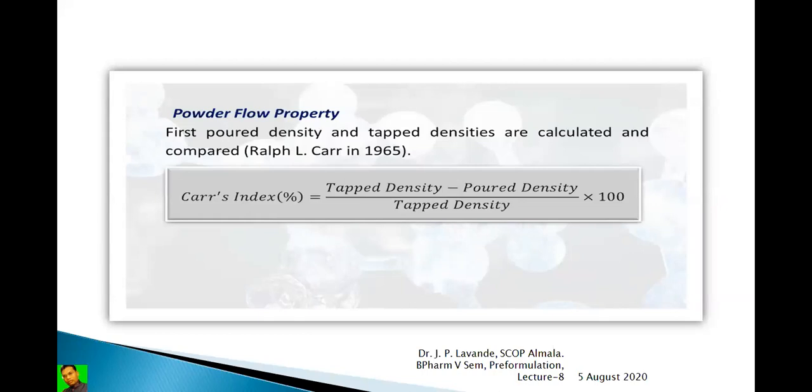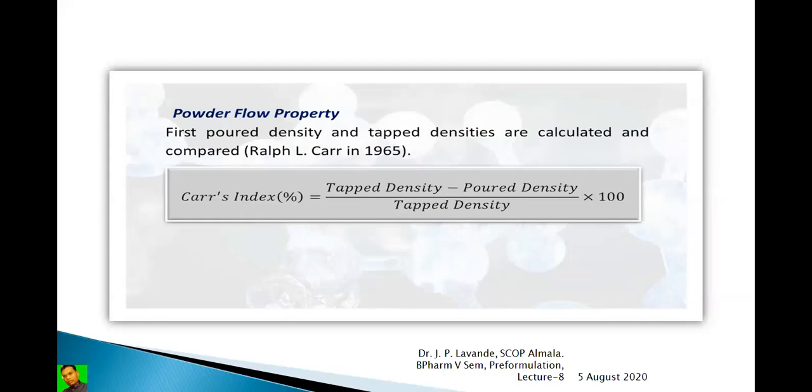It was given by Ralph L. Carr in 1965, and that's why since then it is known as Carr's index. How is it expressed? It is expressed in terms of percentage. How is it to be calculated?